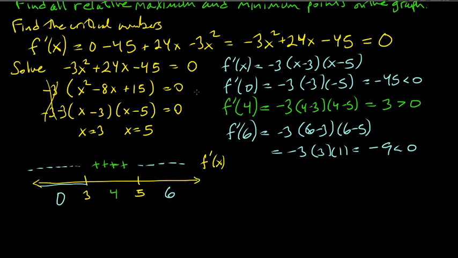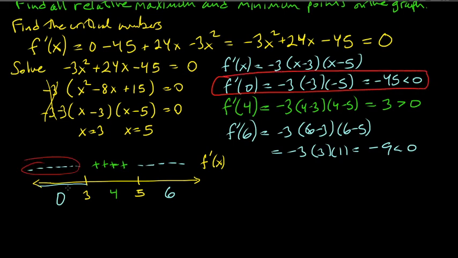Okay. Oh, so there was a shortcut here. If you don't want to plug in all these numbers, you don't have to plug in all of them. You do have to plug in 1. So let's say we plugged in 0 into the derivative, and we found that this is negative here. You can stop there. So look at the exponents of the factors of the derivative.